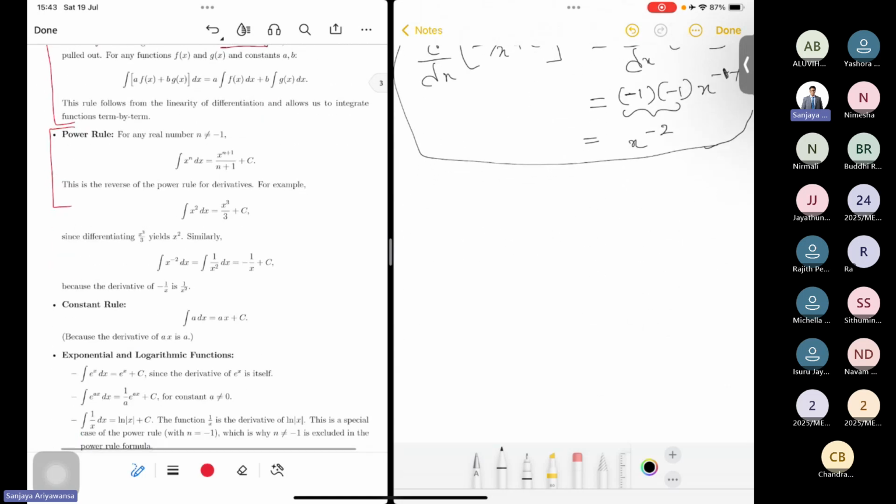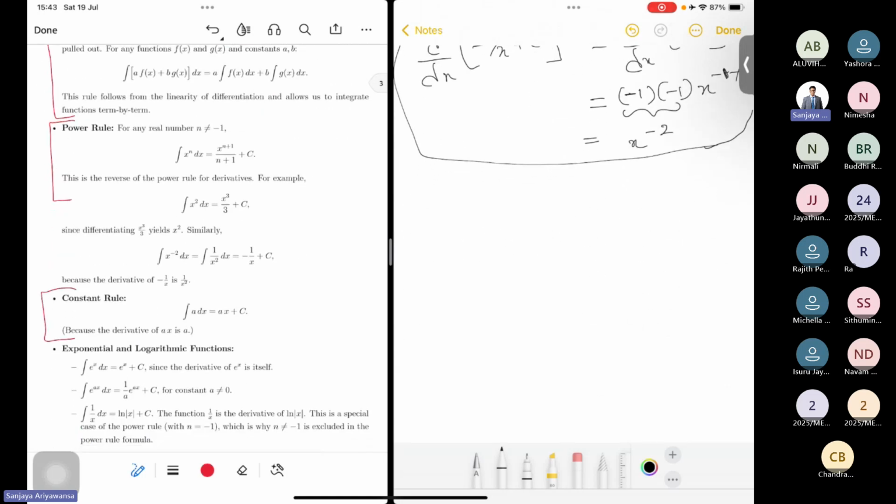What is the third rule? The constant rule. Right? So in the constant rule, if you were to integrate a constant a with respect to dx, you would get ax plus c. Now, why is that?